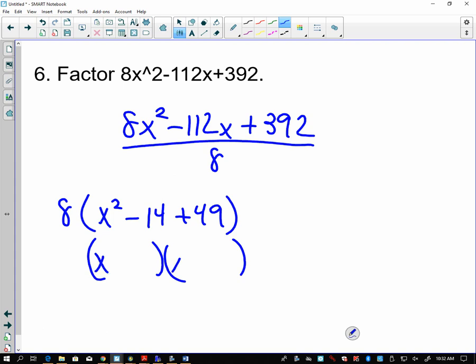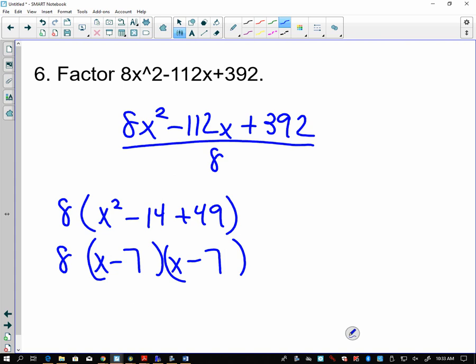So x and x gets me x squared. Now notice that it's minus plus. Which means what are my two signs on the inside? Minus and minus. Because whenever I combine minuses, I still have minus, but whenever I multiply them, I get a plus. What two numbers, when I multiply them, equal 49, but whenever I combine their negative values, I get 14? 7 and 7.